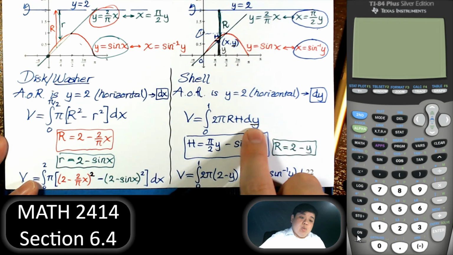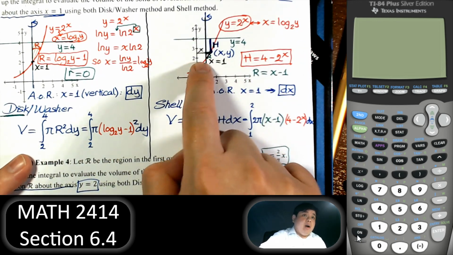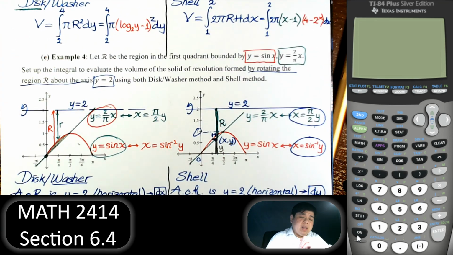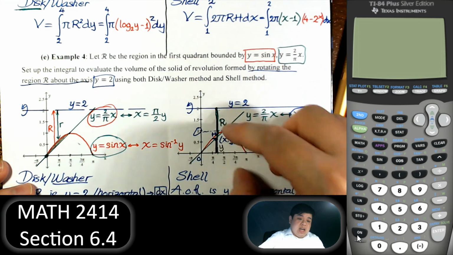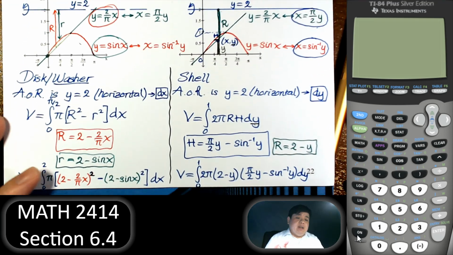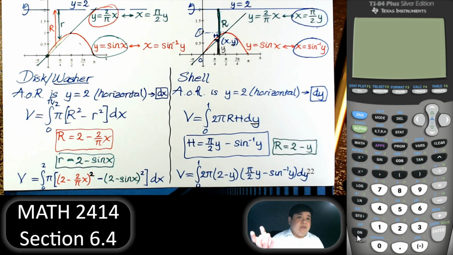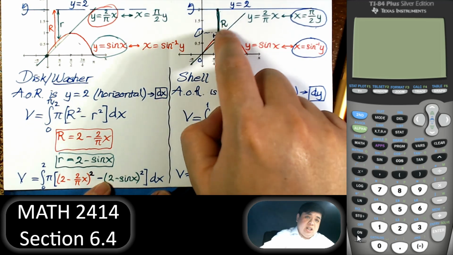Since this one is dy, we worry about y. This one is dx, so we worry about x only. Ignore the other one. And then from the axis of rotation to that point, we just have to draw it and be able to see what it is for the axis of rotation.